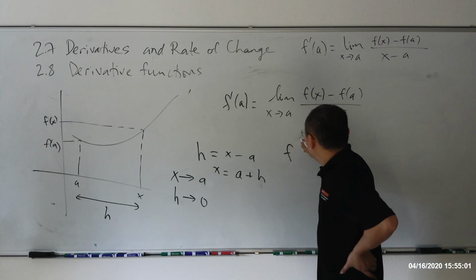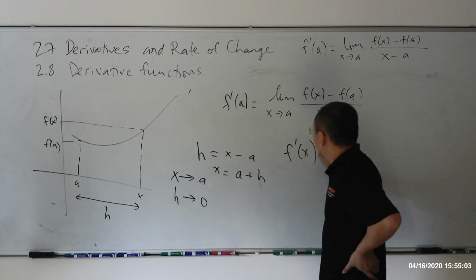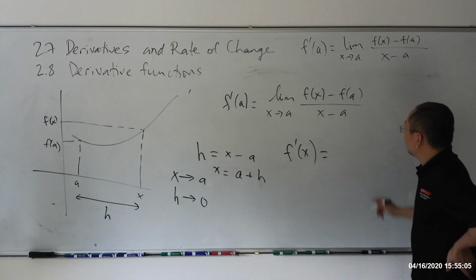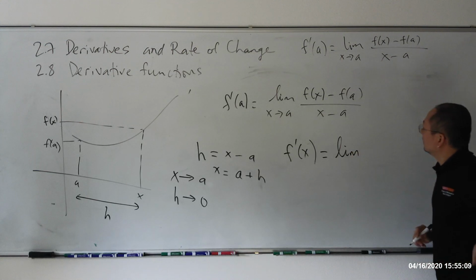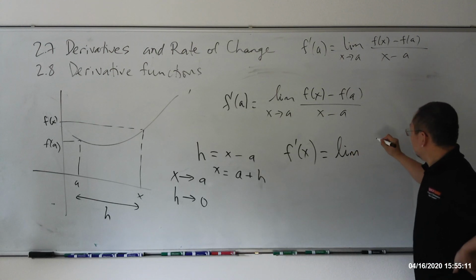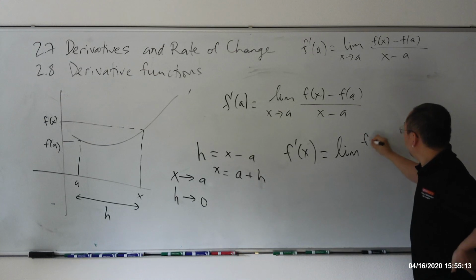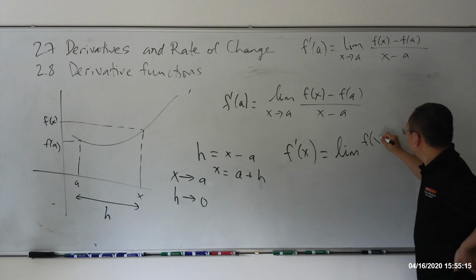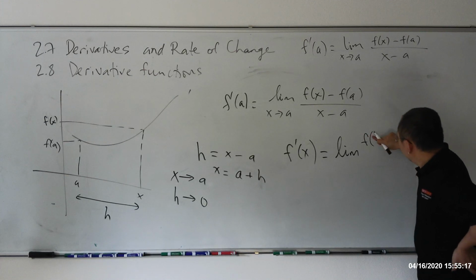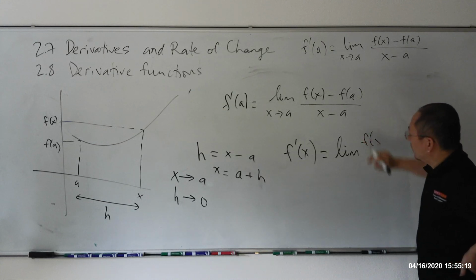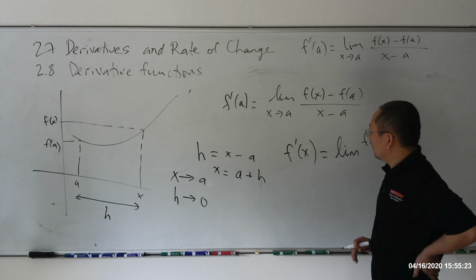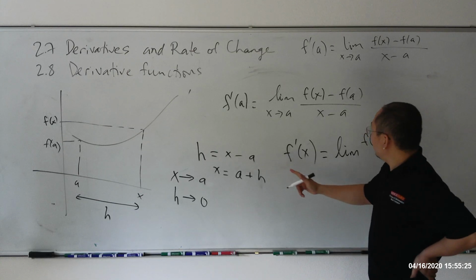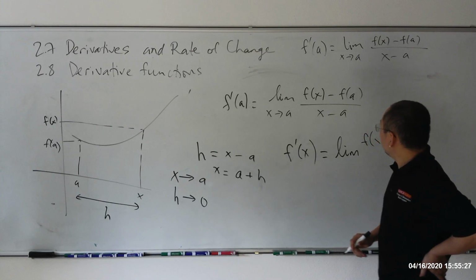Define the derivative function f prime of x is equal to the limit of f of, a right here is x plus h. Oh, did I write it right? Yes.